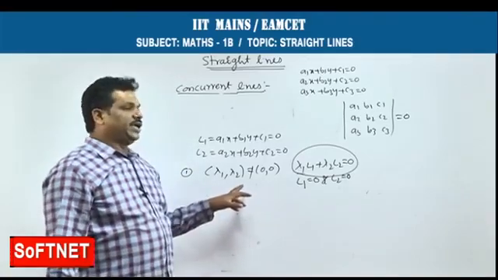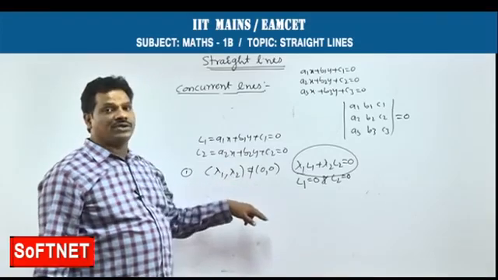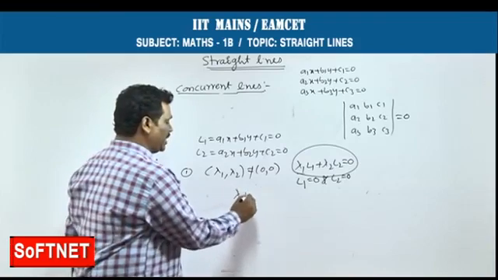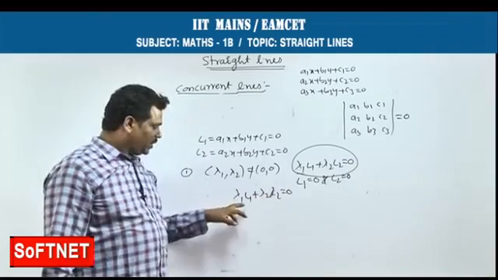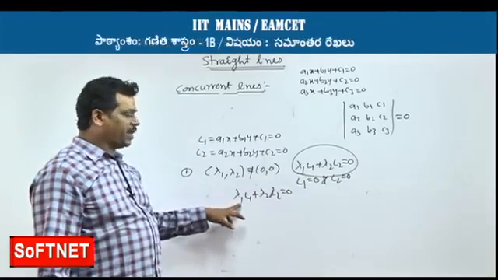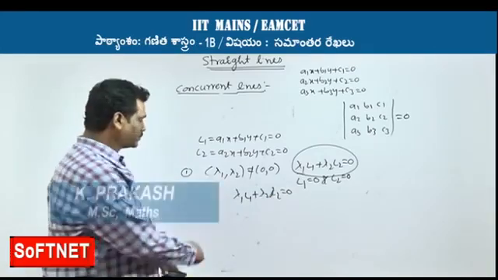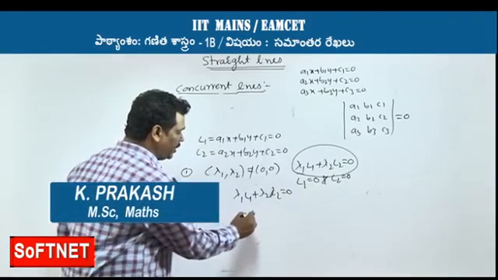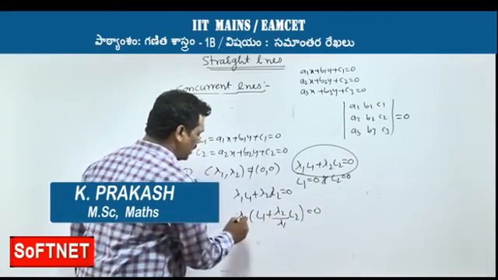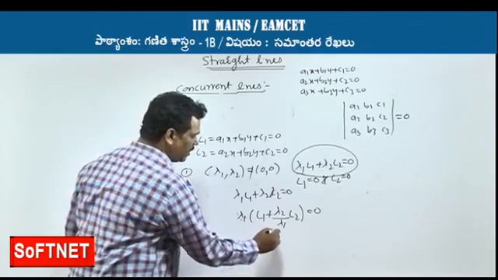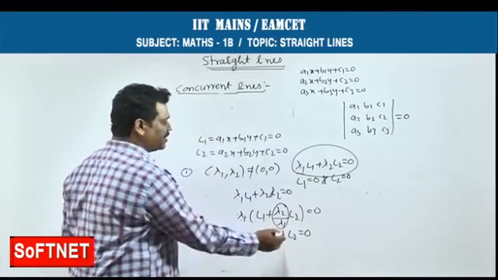Conversely, the equation of any line passing through the point of intersection of the lines L1 equal to 0 and L2 equal to 0 is of the form lambda 1 L1 plus lambda 2 L2 equal to 0. Taking lambda 1 common, we get L1 plus lambda 2 by lambda 1 L2 equal to 0, that is, L1 plus lambda L2 equal to 0.